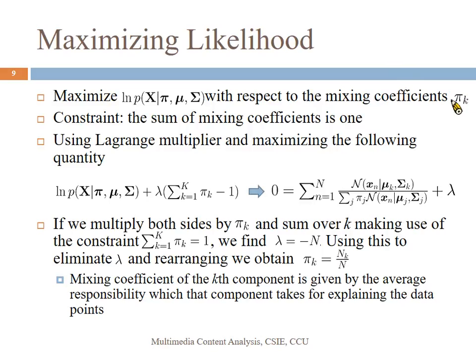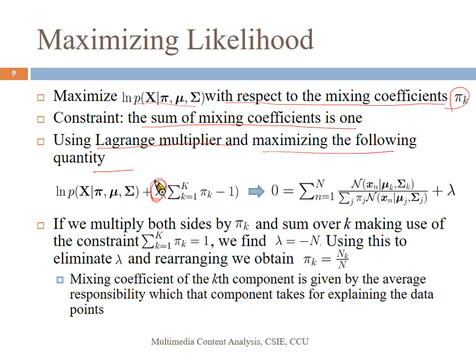For estimating the mixing coefficient pi_k, we also maximize the log likelihood with respect to the mixing coefficient. The constraint is that we want the sum of the mixing coefficients to be 1. So this time we use a Lagrange multiplier and maximize the following quantity.